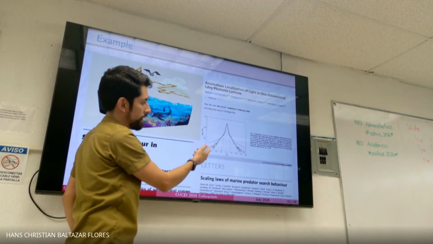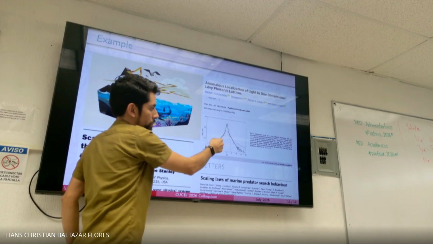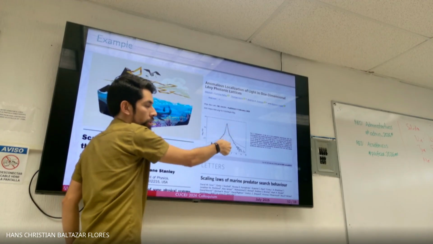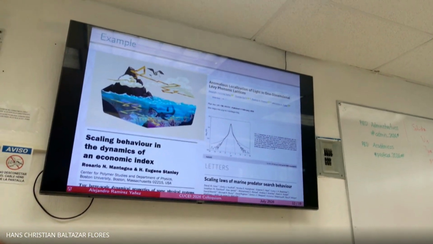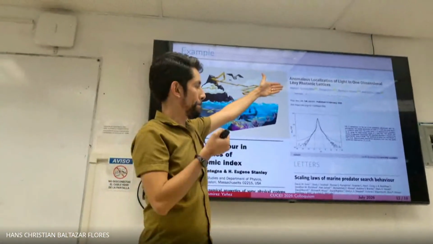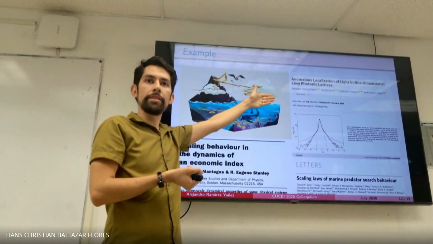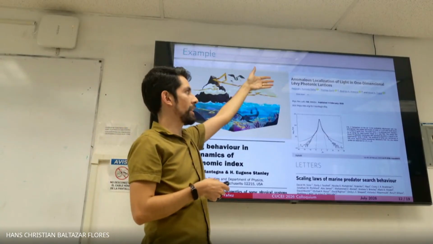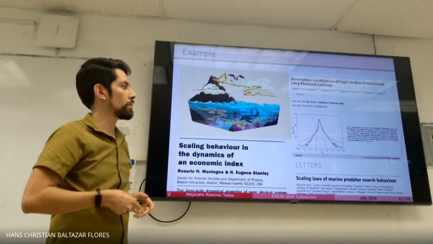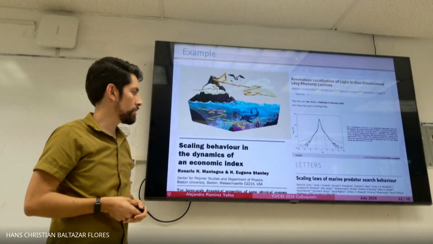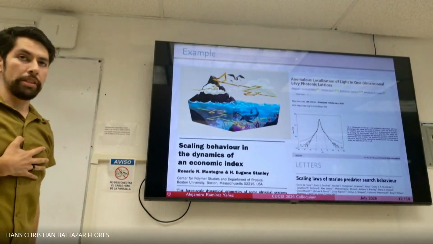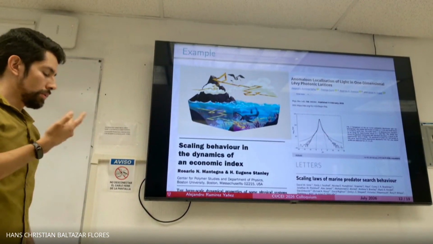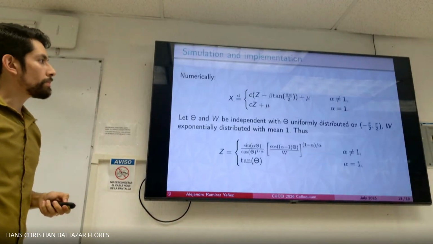So you see that the stable distribution fits the data better than the Gaussian. So the stock market also follows a stable distribution. Well, if you shoot light in some photonic lattices, you will expect anomalous localization. That is also because of the stable distributions. As I told you, there is a lot of documentation in the literature. So this seems to be the rule.